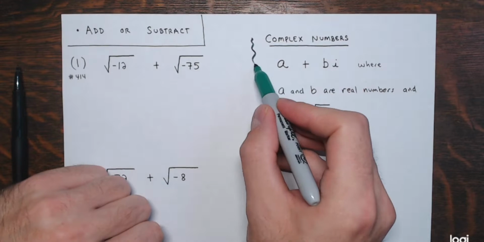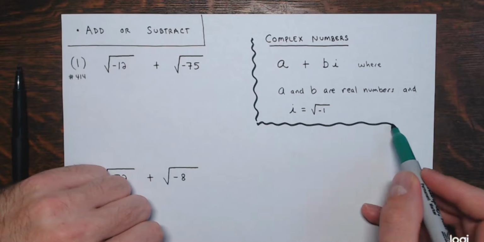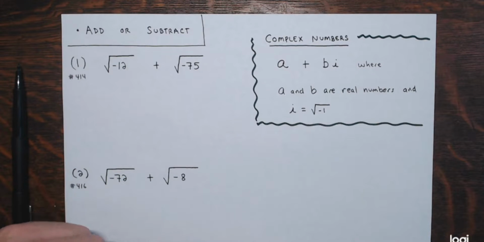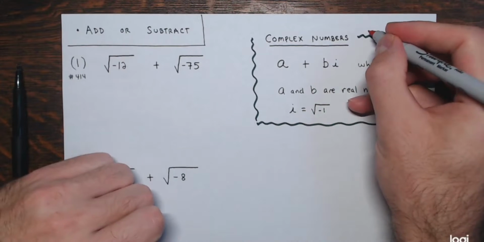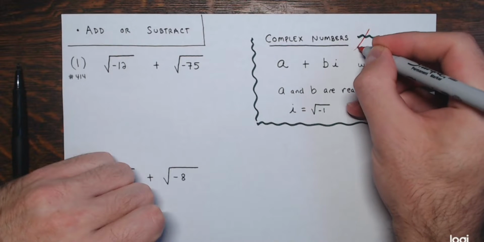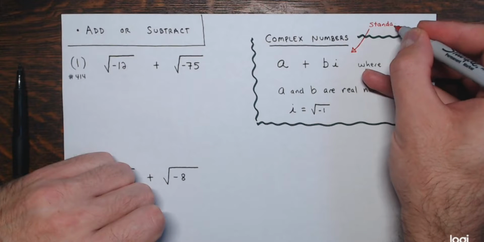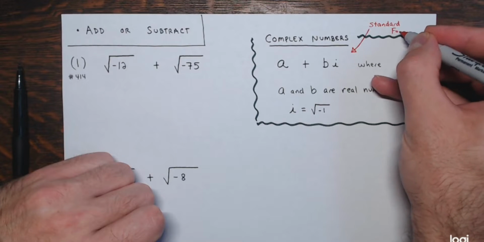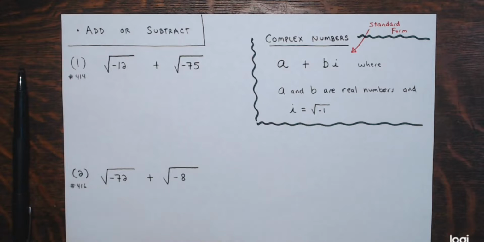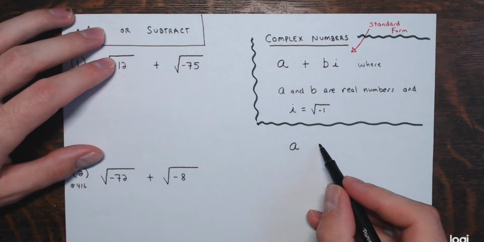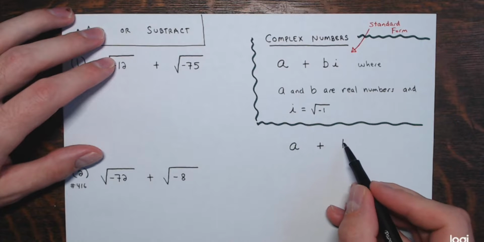Every number we can think of in this intermediate algebra text can be expressed in this form. As I said out loud, this is the standard form of a complex number. But notice what this is: you have a real number plus an imaginary number.